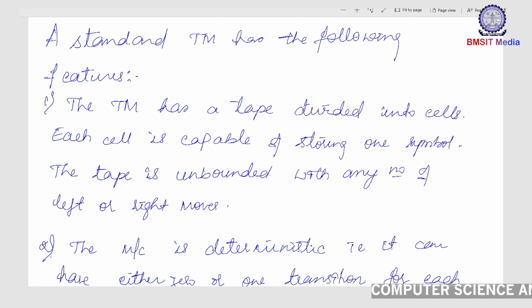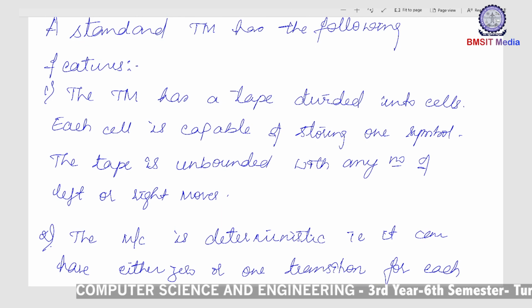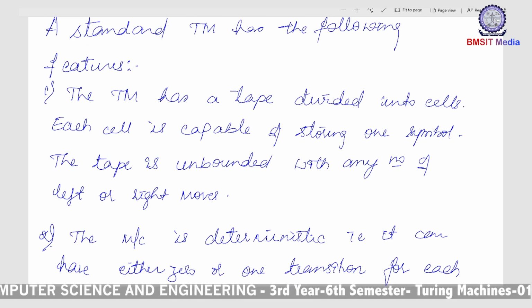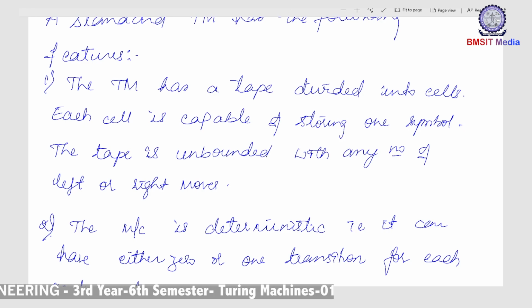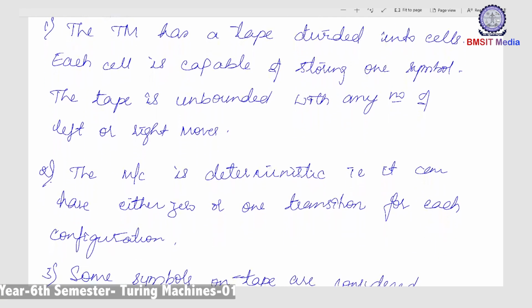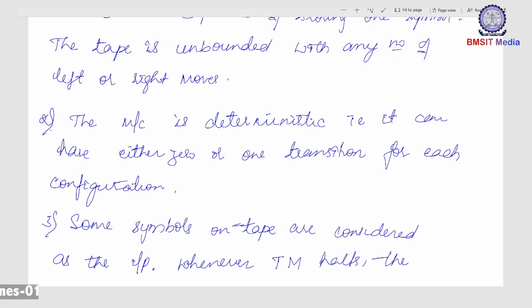So, a standard Turing machine has the following features. The TM has a tape divided into cells. Each cell is capable of storing one symbol. The tape is unbounded with any number of left or right moves.